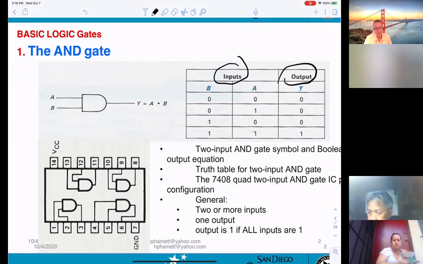The only thing you have to remember for the AND gate: if one input is 0, the output must be 0.